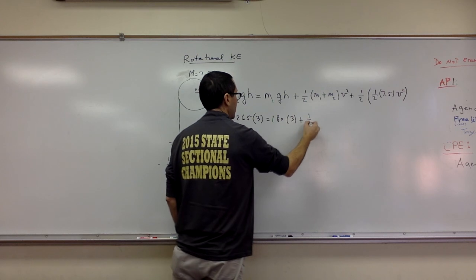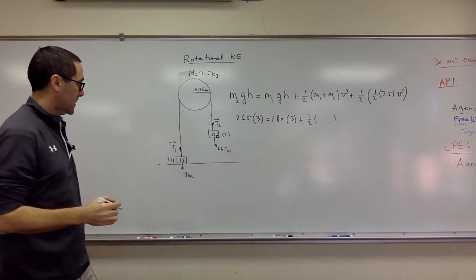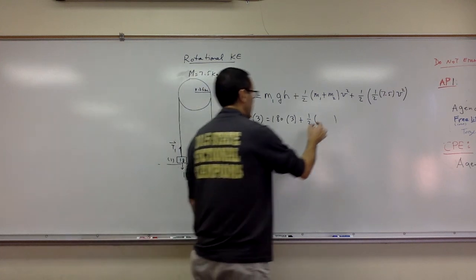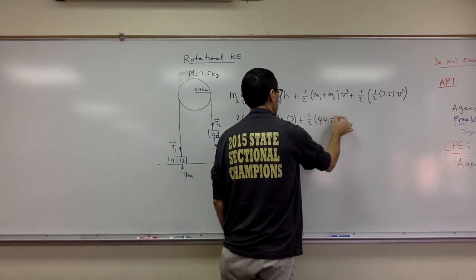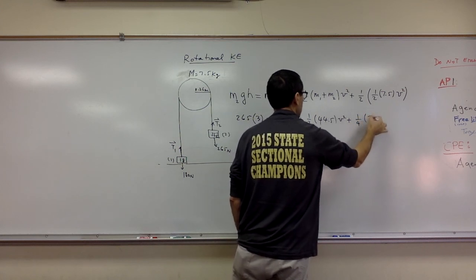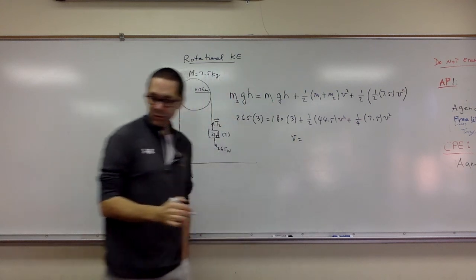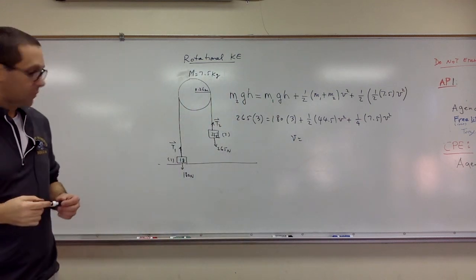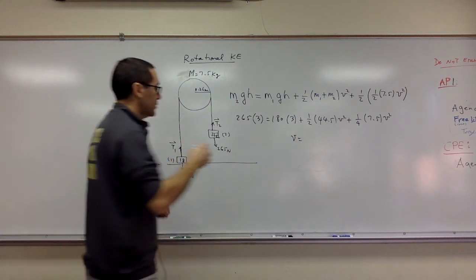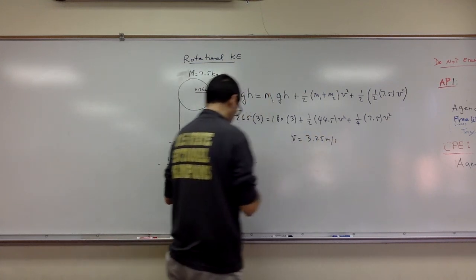Plus 1/2 times, if you combine those masses, we should get 44.5 v squared plus, I guess we can make that 1/4, 7.5 v squared. And we just have to solve for v, and v is going to be 3.25 meters per second. Okay.